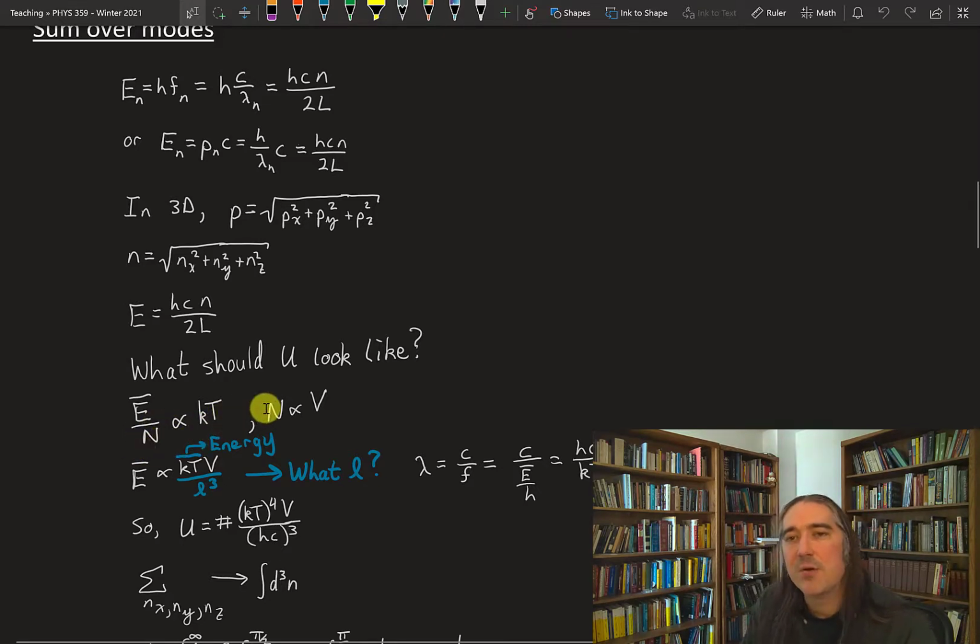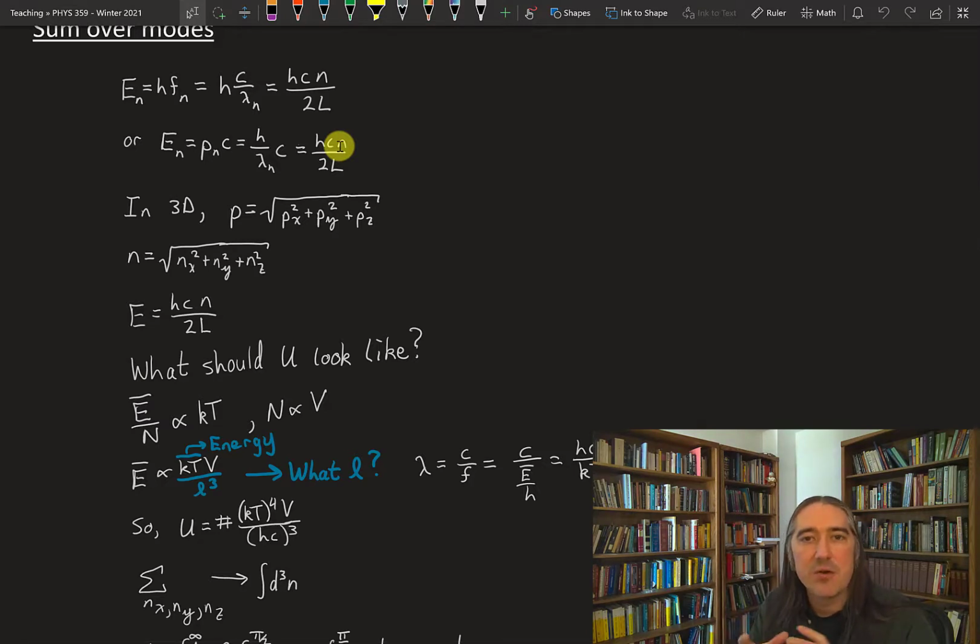Great. So if we know the per particle energy should scale with kT, what does the number look like? The one thing that I know is for a given cavity, if I make it twice as big, I've made L bigger, which makes the prefactor on n smaller. So for a given kT, I've got twice as many modes available. That's generically true.